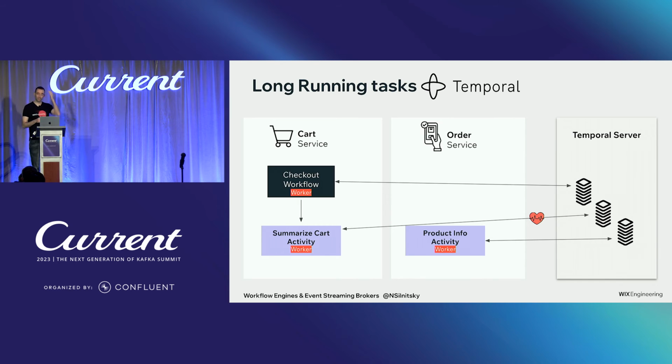Now, if we compare this to Temporal, Temporal was built to run very long-running tasks, even with human intervention in the middle, hours, days, however long it takes. And all you need to do is set up a heartbeat to make sure that Temporal knows that you are currently busy, and as long as you do that, it will allow you to run for days on end if you want to.